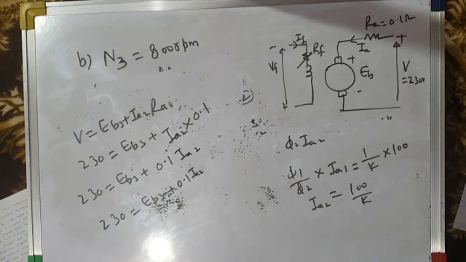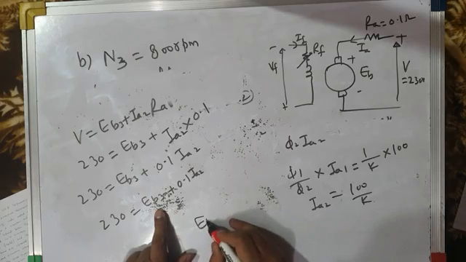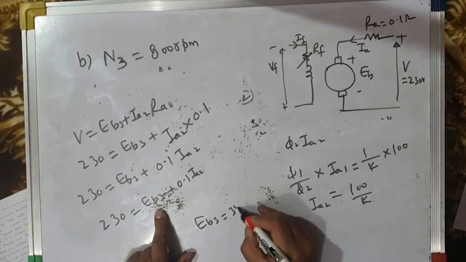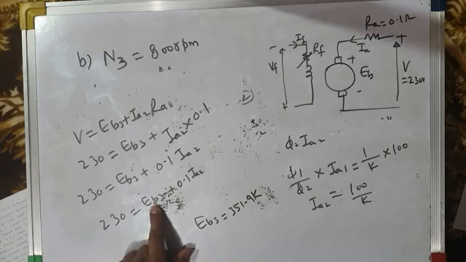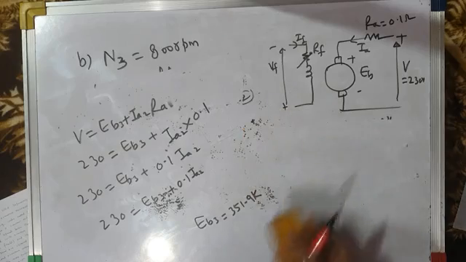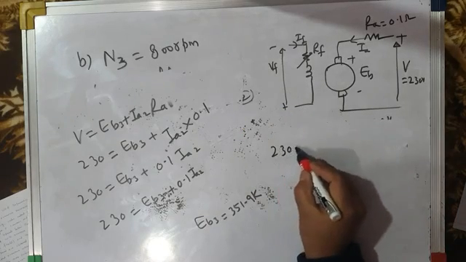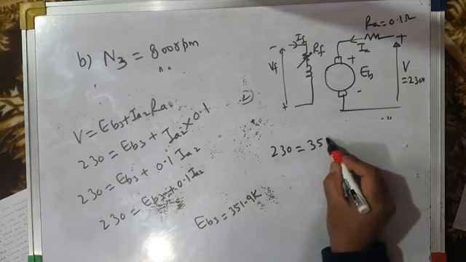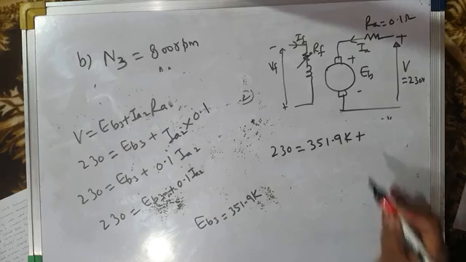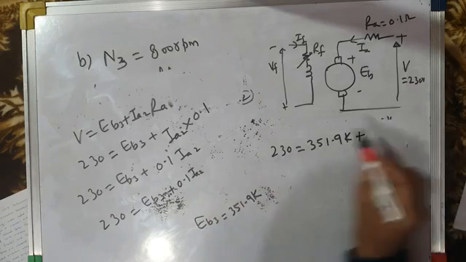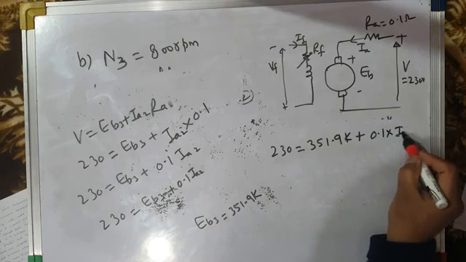So therefore we can substitute EB3, which we have already found. Just a few moments back we found that EB3 is 351.9 K. Therefore we can write 230 is equal to EB3, and EB3 is 351.9 K plus 0.1 into Ia2.